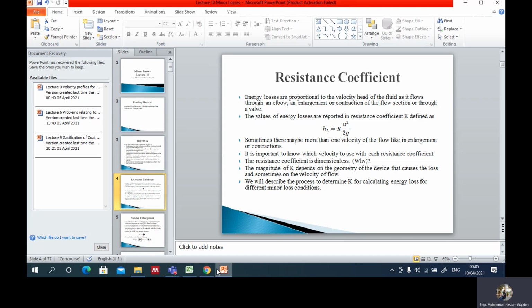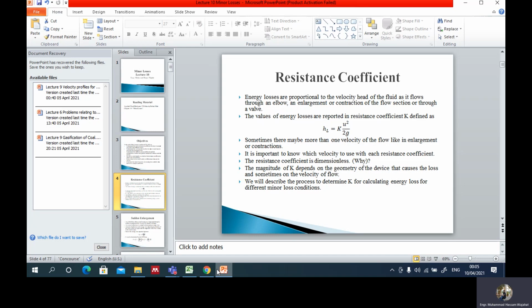Sometimes there may be more than one velocity. We will talk about cases when there is more than one velocity, for example, the cases of enlargement and contraction. Why is there more than one velocity? There is more than one velocity because two different pipes or areas are used. And according to the continuity equation, if the flow rate is the same, Q is equal to U1 A1 is equal to U2 A2.